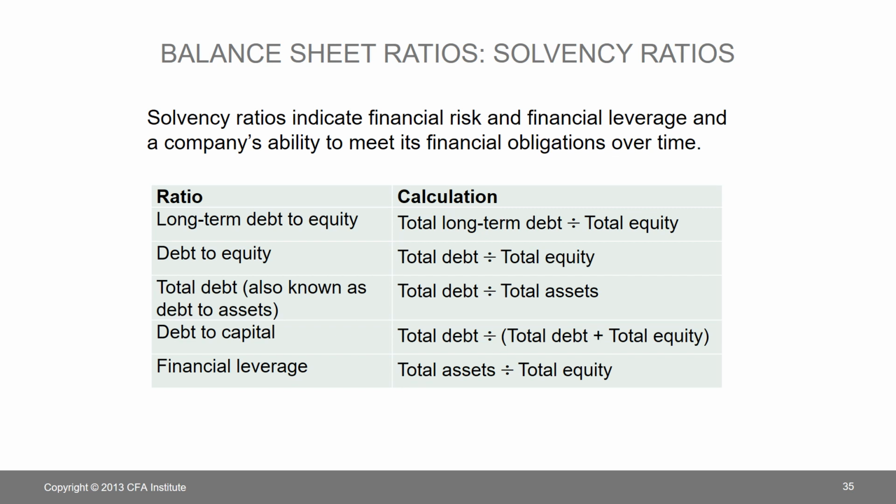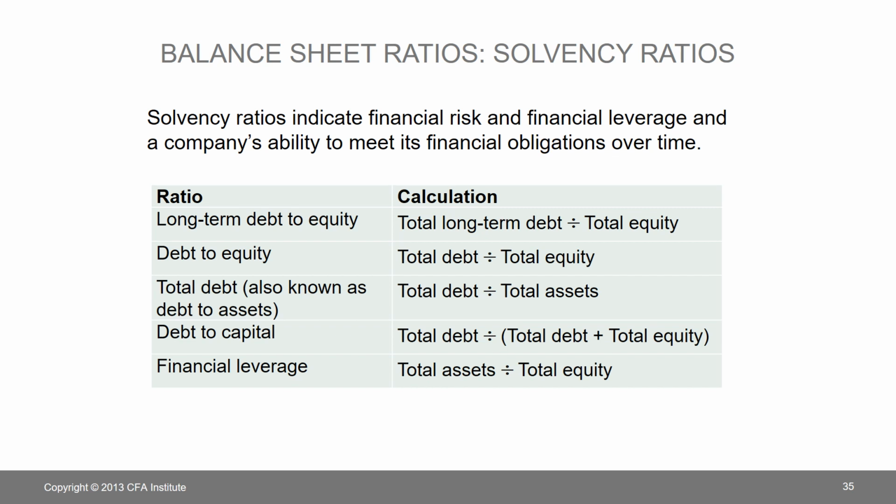Generally, higher debt means higher financial risk and thus weaker solvency, as we mentioned before. The fourth ratio is the ratio of debt to capital. This one measures the percentage of a company's capital, debt plus equity, represented by debt. A higher ratio generally means higher financial risk and thus indicates weaker solvency.